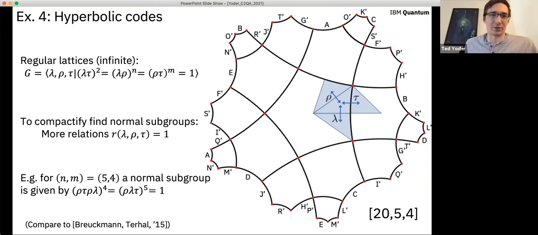Maybe I won't go through this too much, but there is a way to systematically create hyperbolic codes by finding normal subgroups of certain free groups. And essentially the elements of this group represent reflections of these triangular regions of the surface about various directions.